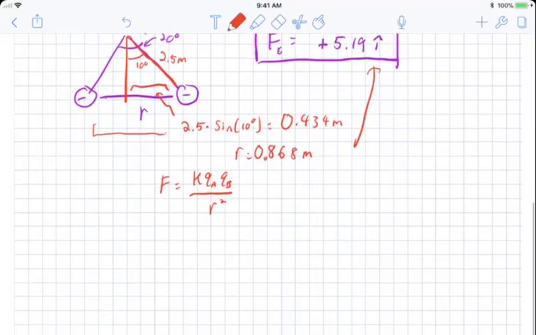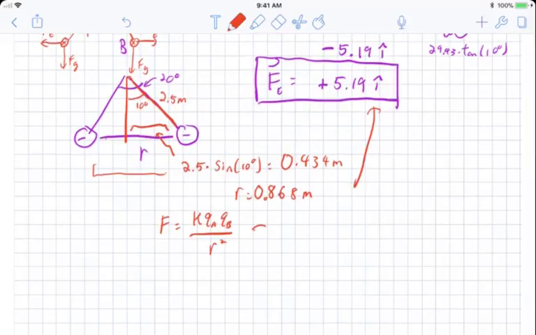So that's going to be 5.19 newtons is equal to 9E9 QA QB over 0.868 all squared. Distance between them.